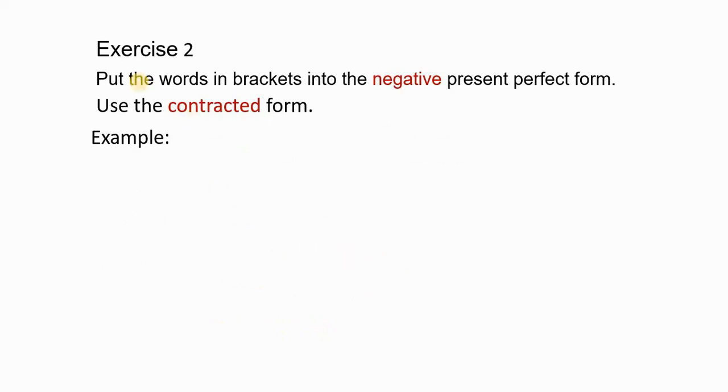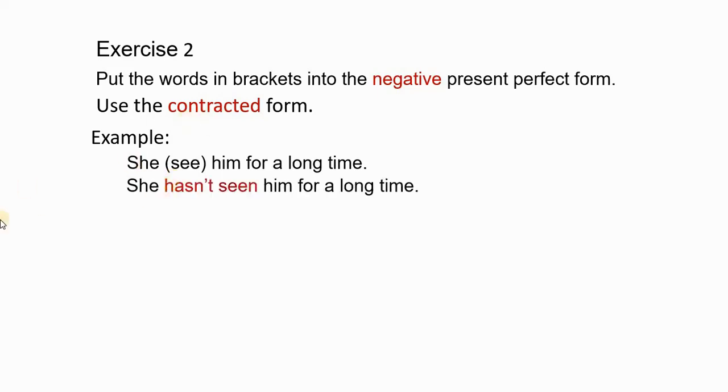Exercise number 2. Put the words in brackets into the negative present perfect form. Use the contracted form. For example, answer: she hasn't seen him for a long time.